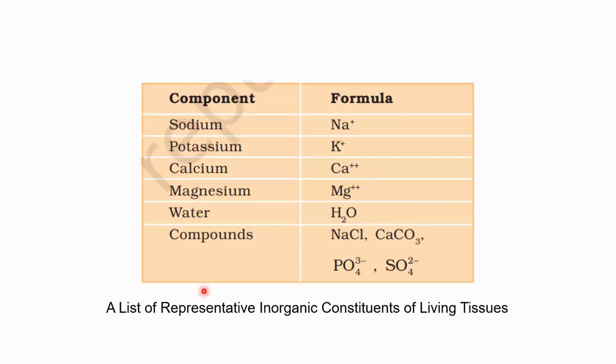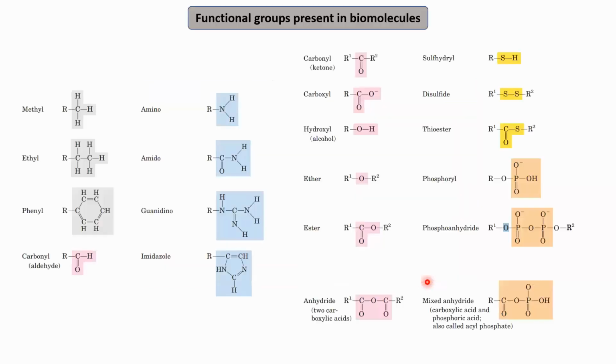So this is the list of inorganic constituents present in living tissue: ions like sodium, potassium, calcium, magnesium, water molecules, and compounds like sodium chloride, calcium carbonate, phosphates and sulfates. They form the inorganic constituents of living tissue.